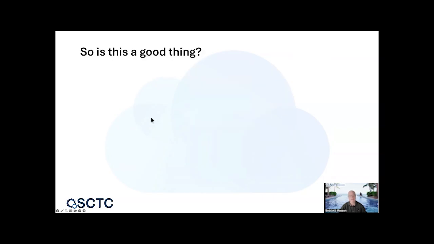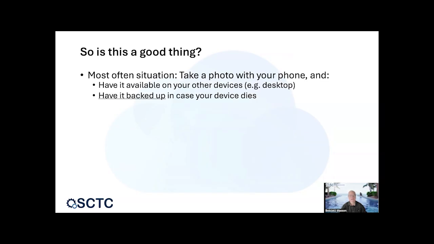So that's what the cloud thing is. I always say, is that a good thing, right? So obviously, the most often situation is through photos, but we can be talking about documents or changes to passwords or making bookmarks with a browser. Those kinds of things you want to synchronize between your devices.